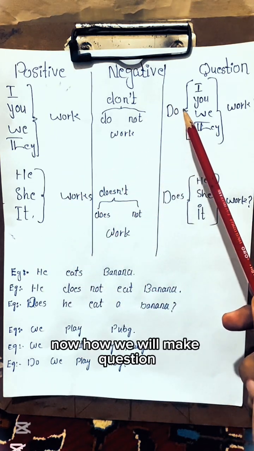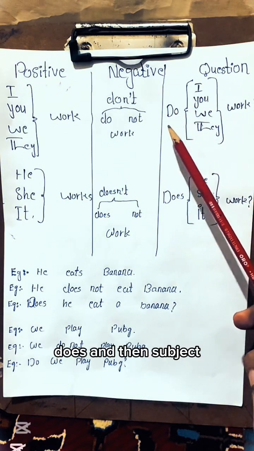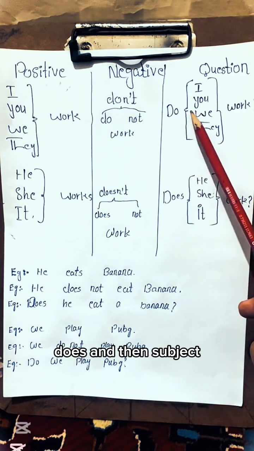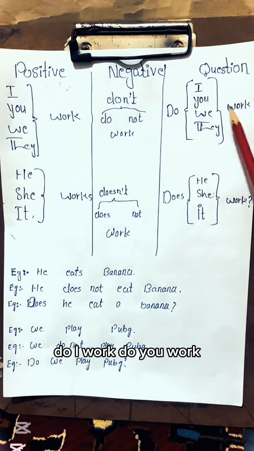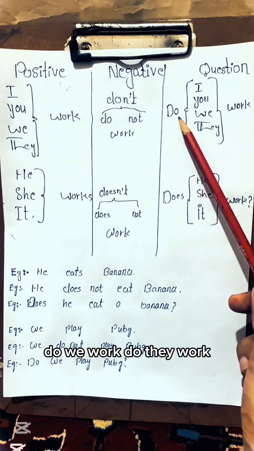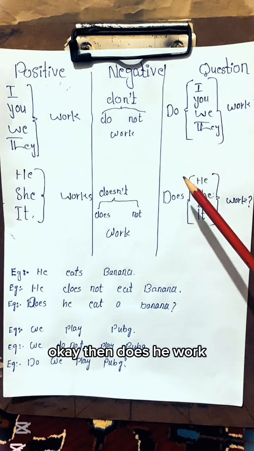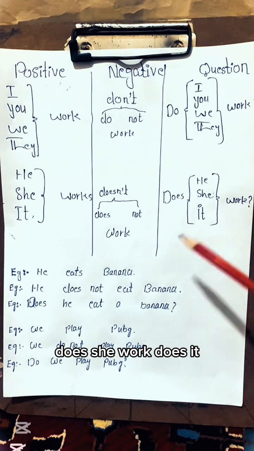Now how will we make a question? At the beginning we will put do or does, and then the subject, then the rest of the sentence. Do I work? Do you work? Do we work? Do they work? Then does he work? Does she work?